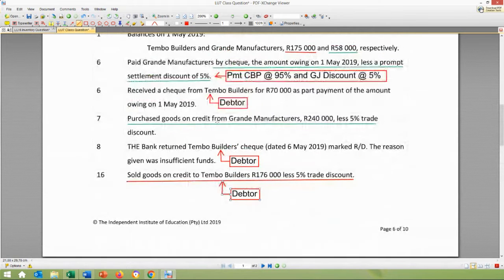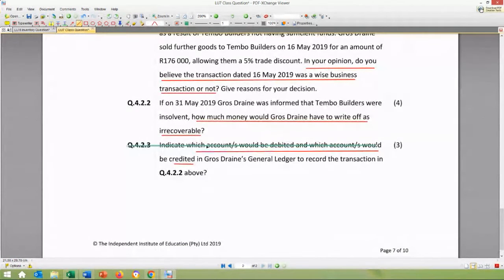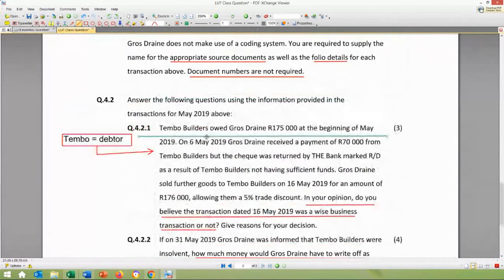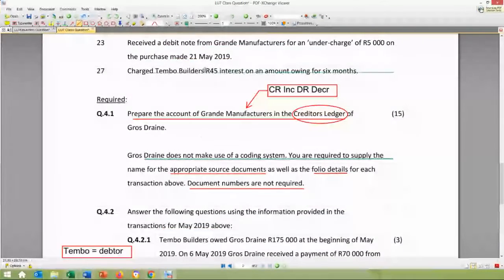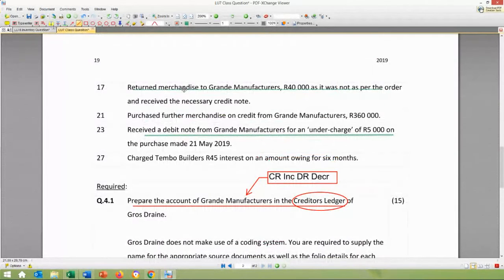Okay, returned merchandise to Grand Manufacturers were 40,000 Rand, as it was not per order.